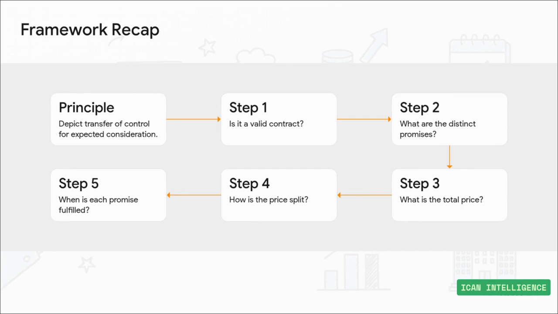Is the contract valid? Step 2, what are the chapters of our story? The promises. Step 3, what's the total value of the book? The price. Step 4, how much is each chapter worth? The allocation. And finally, step 5, when do we mark each chapter as complete? The recognition. It's a perfect logical sequence.